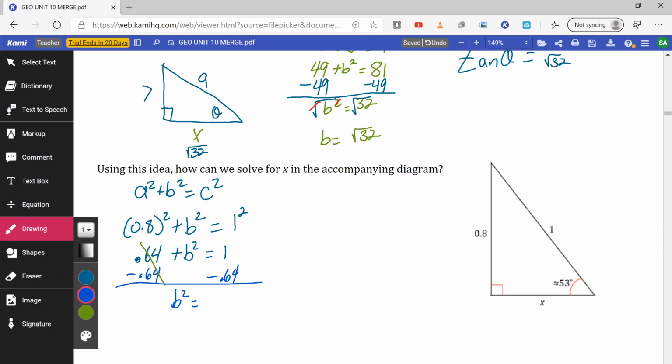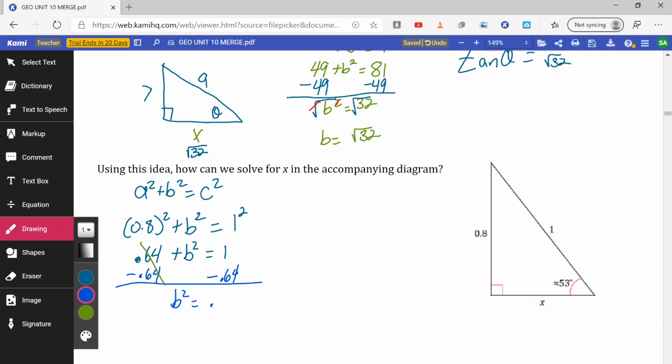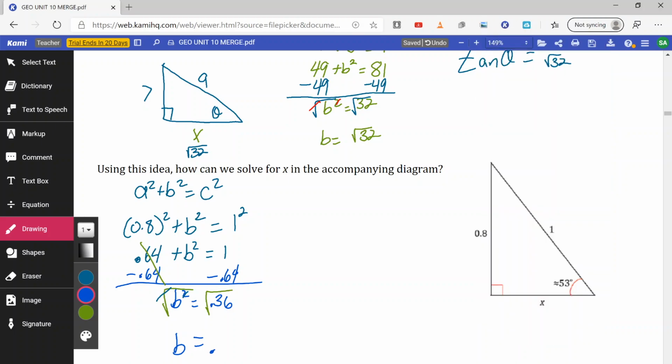And then 1 minus 0.64 gives me 0.36. And to figure out the length of it, we have to take the square root of both sides. So square root and square cancel out, leaves me with b, or in this case x, equals the square root of 0.36. And we get 0.6.